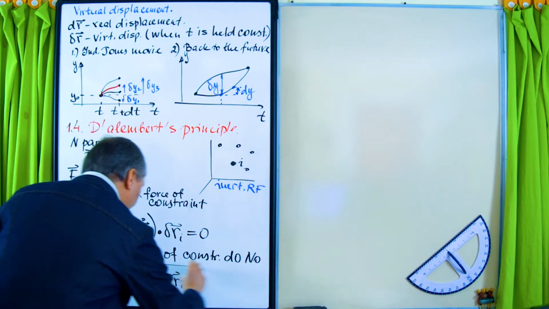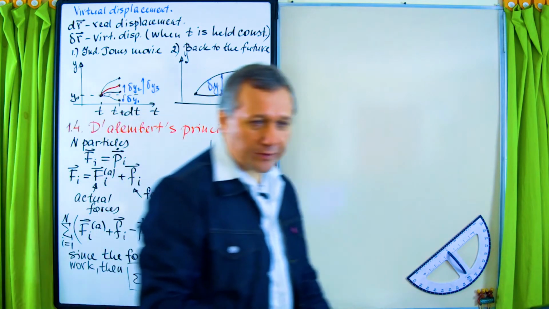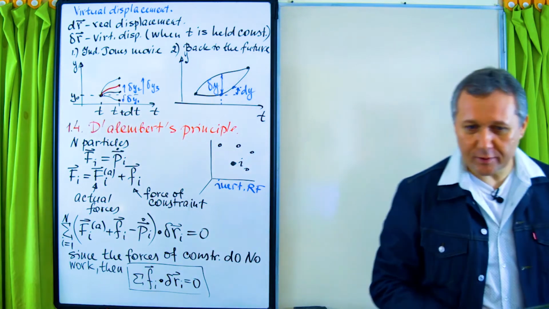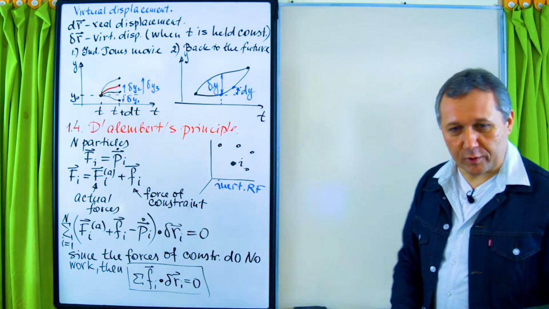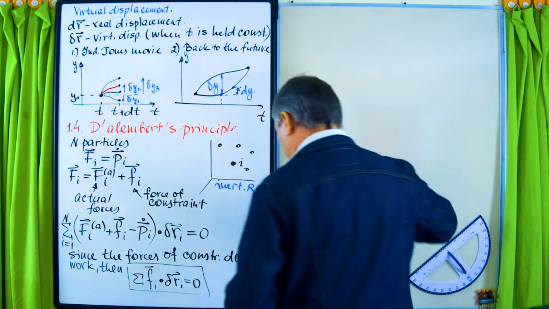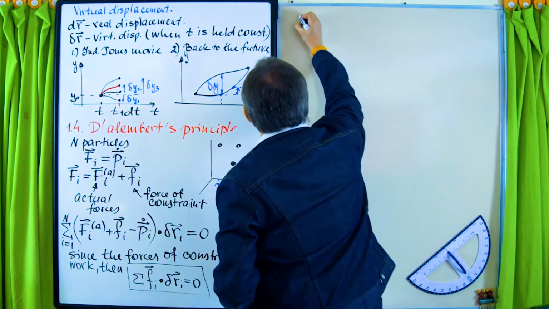So since this is true, or we can say let's restrict ourselves to systems where this is true, what will be left behind, that's what is called the D'Alembert's principle. So now I can rewrite that and call it D'Alembert's principle.